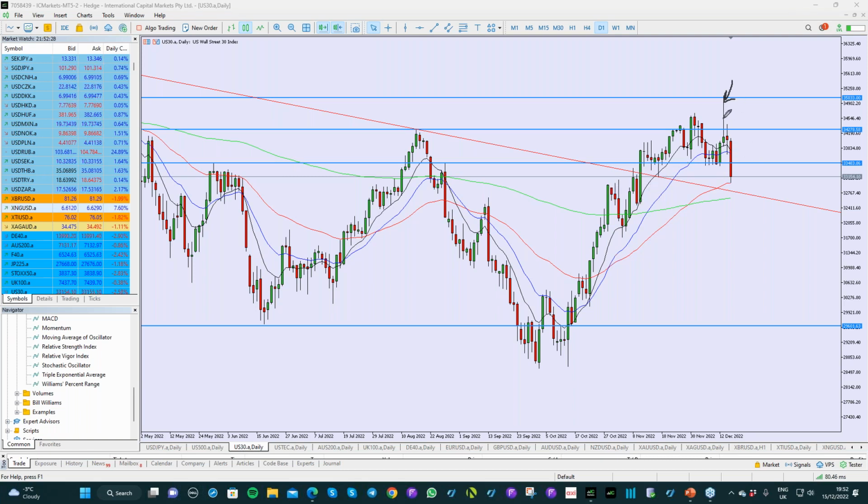But if we ignore the spike, and if we join that all into one there, then that looks very much like a head and shoulders pattern, which has actually been triggered. So price has come beneath that neckline of the head and shoulders pattern for those people that do trade or use chart patterns.